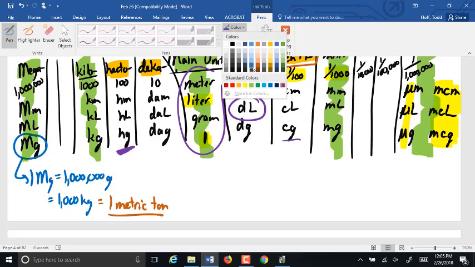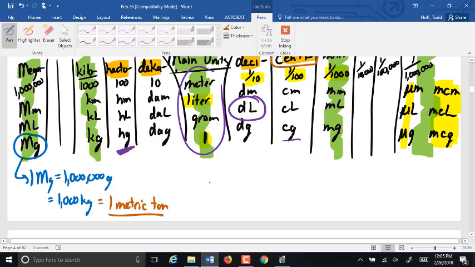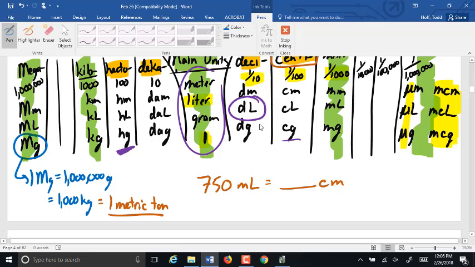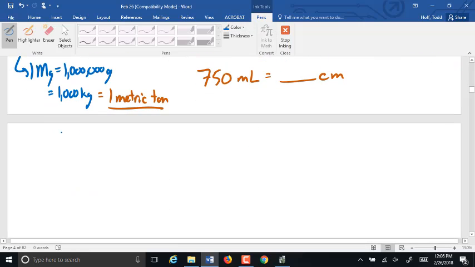So for example, if I want to convert 750 milliliters to centimeters, to use that dimensional analysis, I would set it up as a fraction. 750 milliliters over 1.